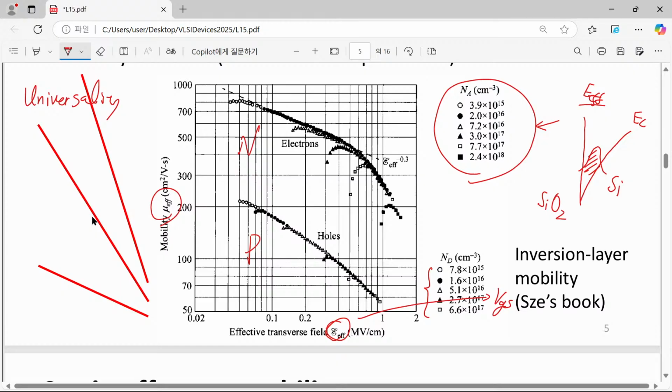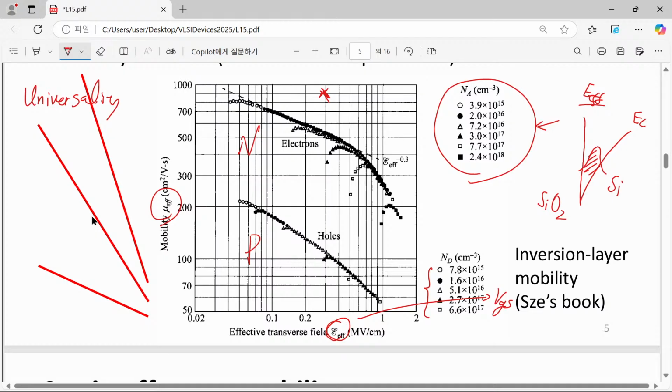So mobility never exceeds this given universal mobility. If you make your transistor with conventional silicon, then you cannot expect a mobility as high as 1,000 square centimeter per volt second. You never expect it. So that was the previous case.